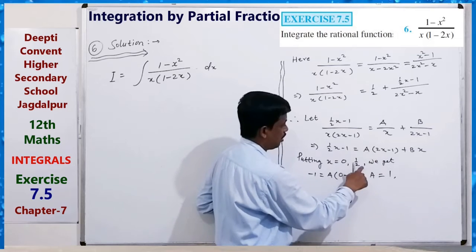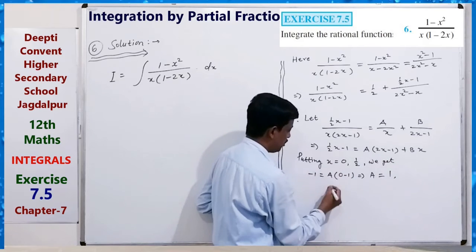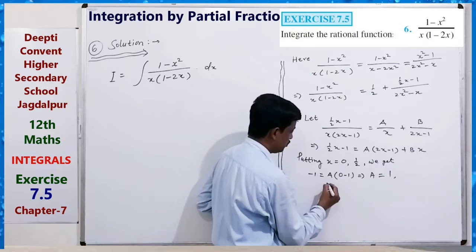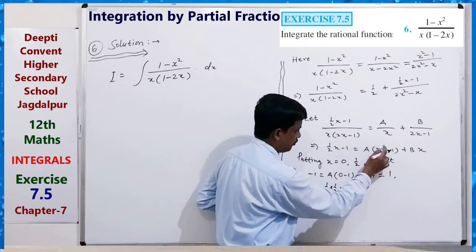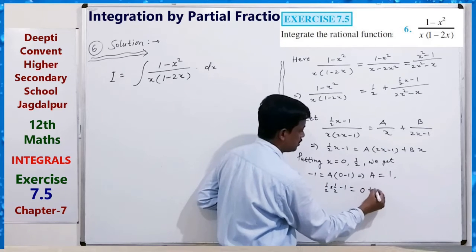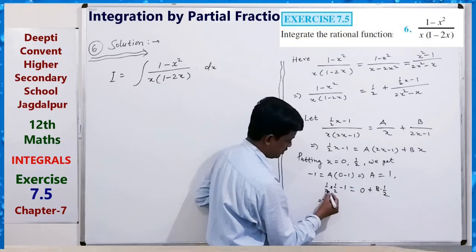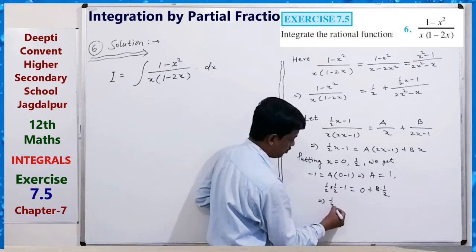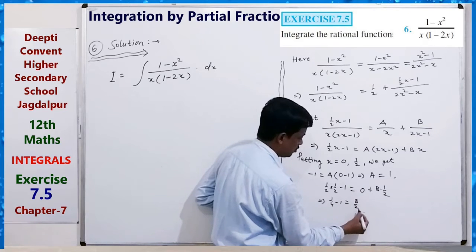Similarly, x equals half, then this will vanish. x equal to half: 1 by 2 into 1 by 2 minus 1 equals half, so this is 0 plus b into half. So we get 1 by 2, 1 by 4 minus 1 equals b by 2.